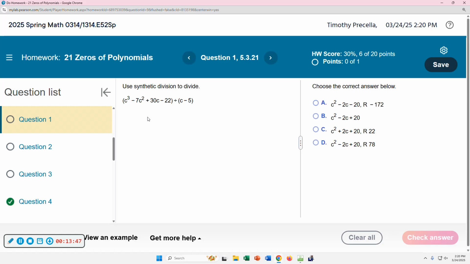C cubed minus 7C squared plus 30C minus 22 all divided by C minus 5. Oh, this was a bad problem. Let me make sure that I didn't miscopy.